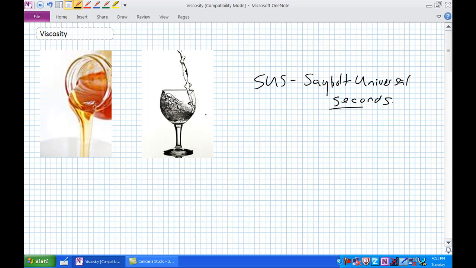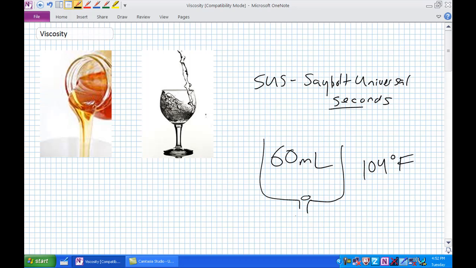You take a given volume of a substance, 60 milliliters, and you stick it inside a flask. You heat it to a certain temperature. I think it's 104 degrees Fahrenheit. And there's a hole in the bottom. The hole is of a certain size for every single substance.